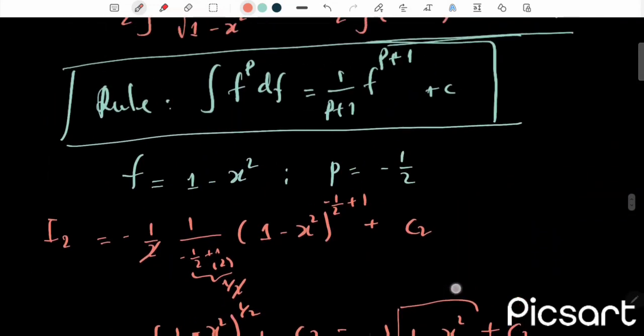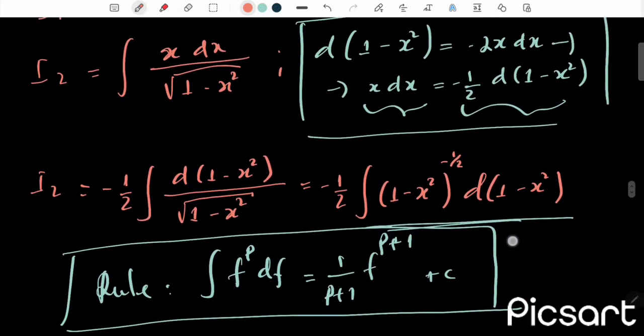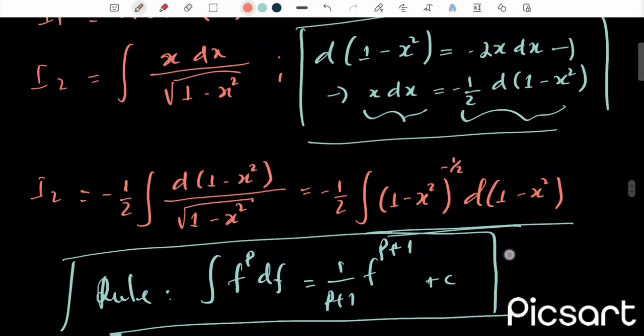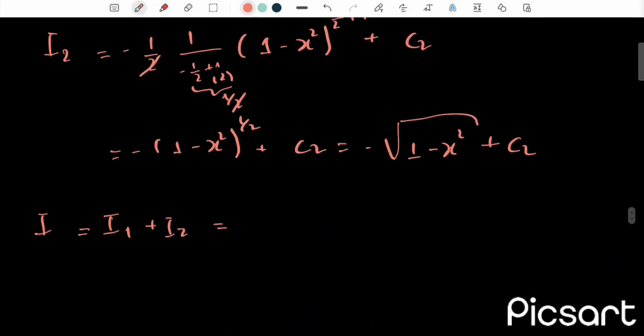So the full I will be equal to I1 plus I2, where I1 is equal to arc sine of x, plus I2, which is minus the square root of 1 minus x squared, plus c.